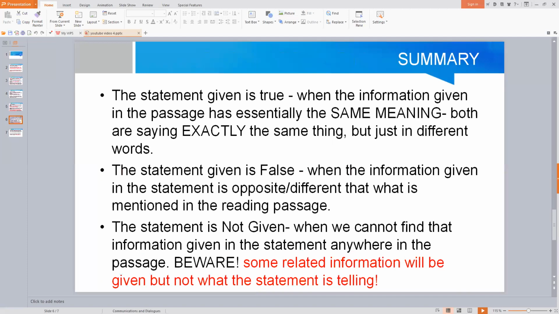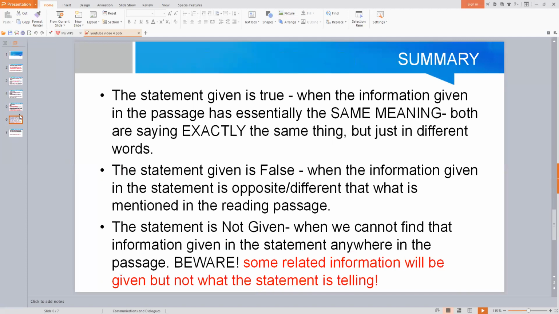Now, the statement given is false when the information given in the statement is opposite or different to what is mentioned in the passage.